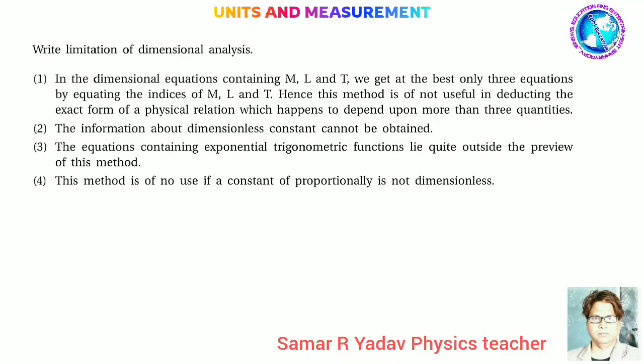Second, the information about dimensionless constants cannot be obtained. Third, equations containing exponential or trigonometric functions lie quite outside the purview of this method. And fourth, this method is of no use if the constant of proportionality is not dimensionless.